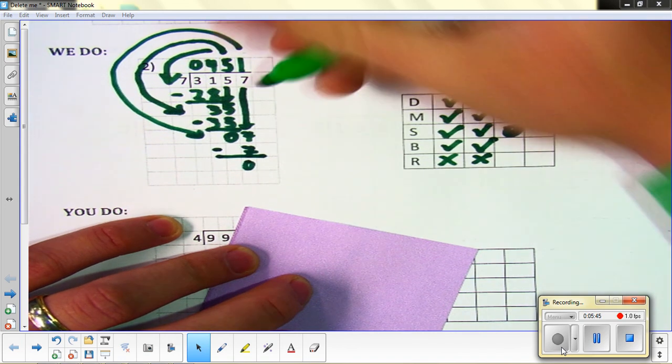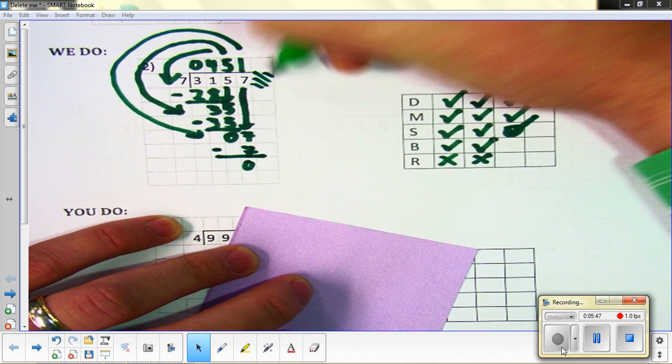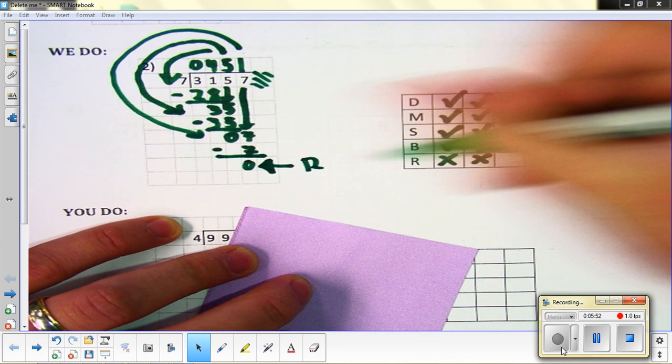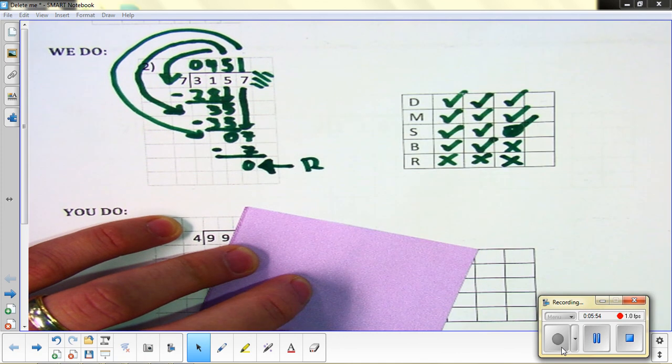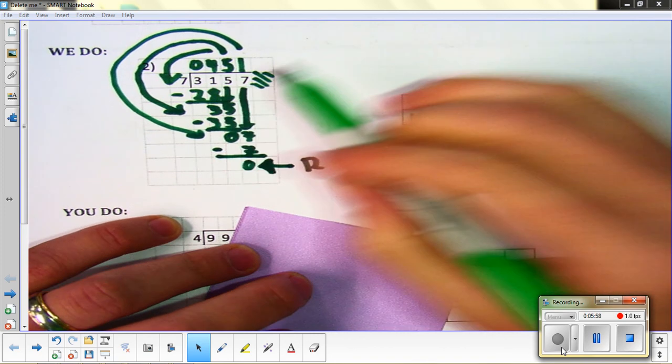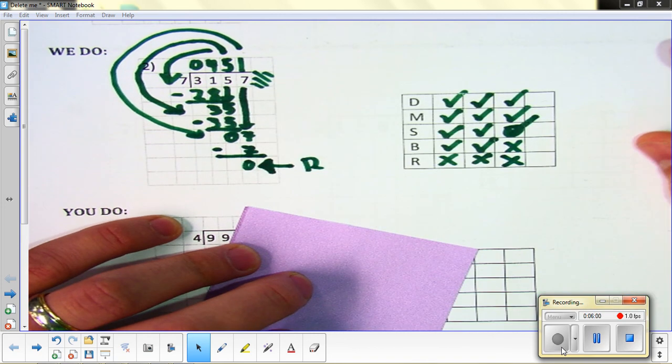Notice there's nothing to bring down. And the remainder is 0. 7 fits into 3,157 451 times.